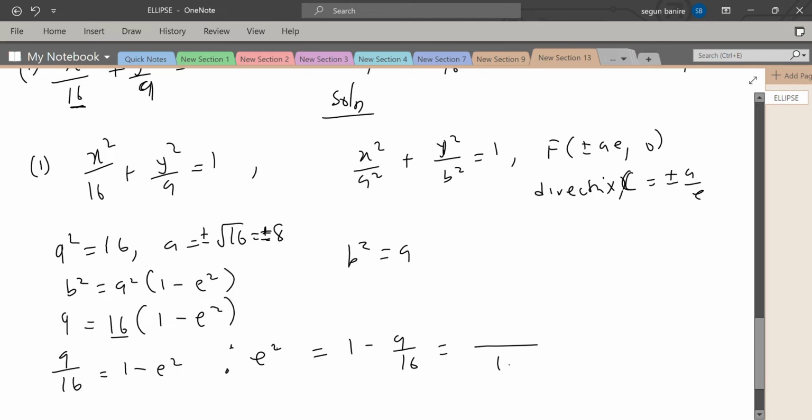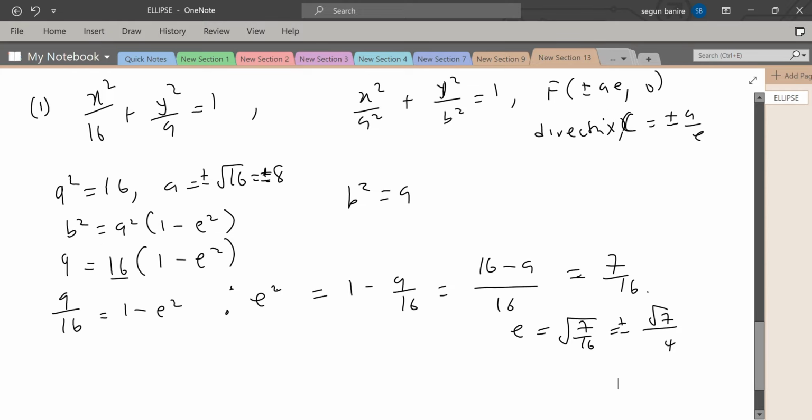Look for LCM. 16 minus 9, what would that give you? It should give you 7 over 16. So our e is equal to the square root of 7 over 16, which is root 7 over 4. Okay, so that is your e.